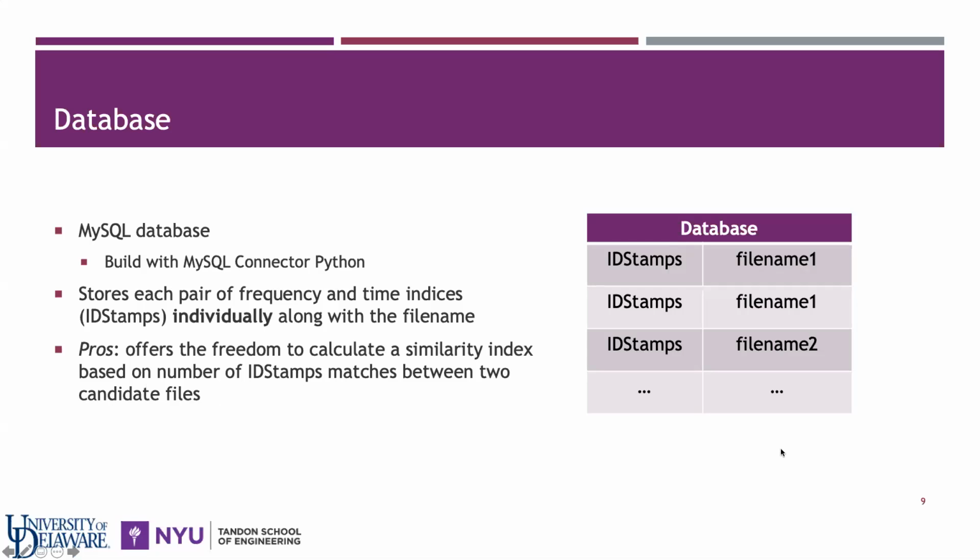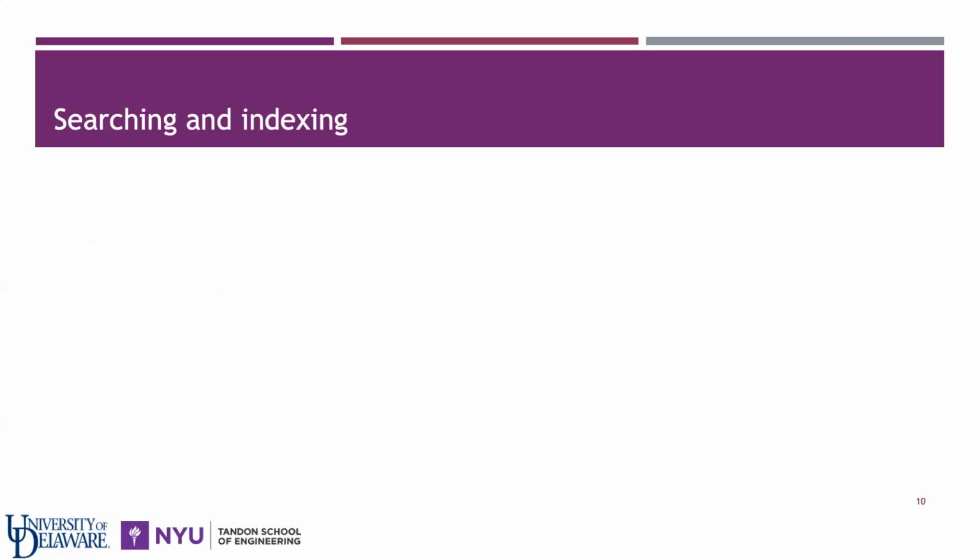The pairs of frequency and time indices are stored individually along with the file name in the database. So in the database, each file contains multiple entries of ID stamps. This approach gives the freedom to calculate the similarity index between two candidate files.